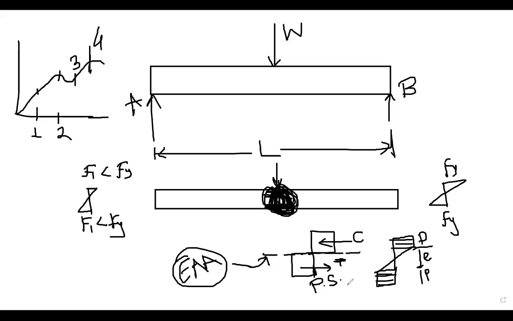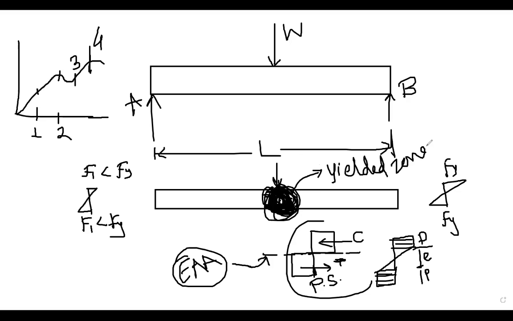So this is called a plastic section, and below the load, all the fibers are completely yielded, and there is a zone called the yielded zone. This is treated as a plastic hinge within the structural member.